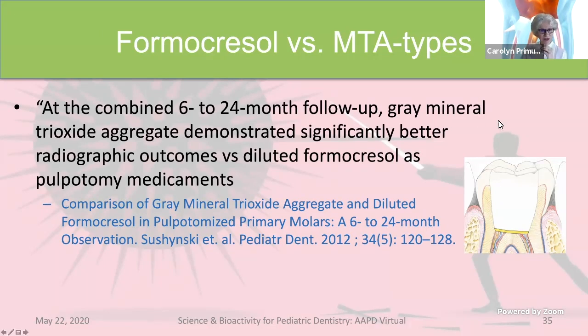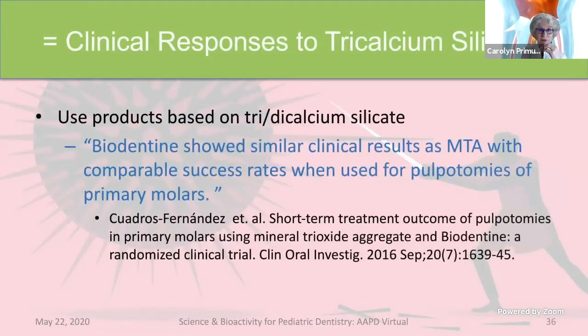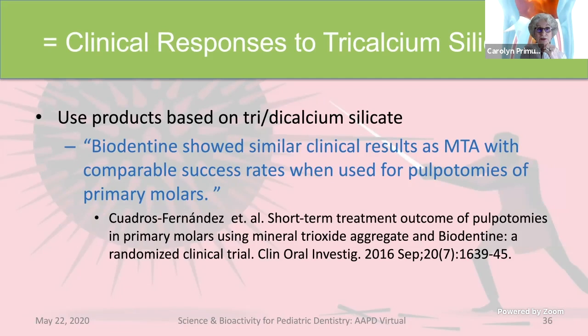And this was about just gray MTA material. Thinking about this, we're getting the clinical responses because of the chemistry that's associated with tricalcium silicate. And I showed you that Biodentine also has tricalcium silicate.